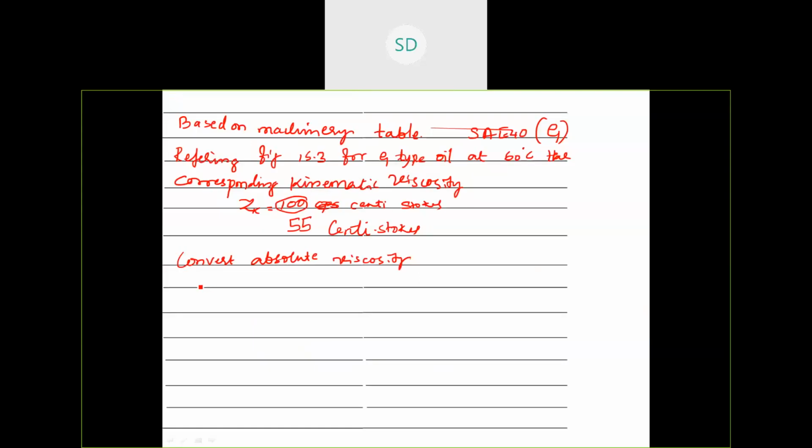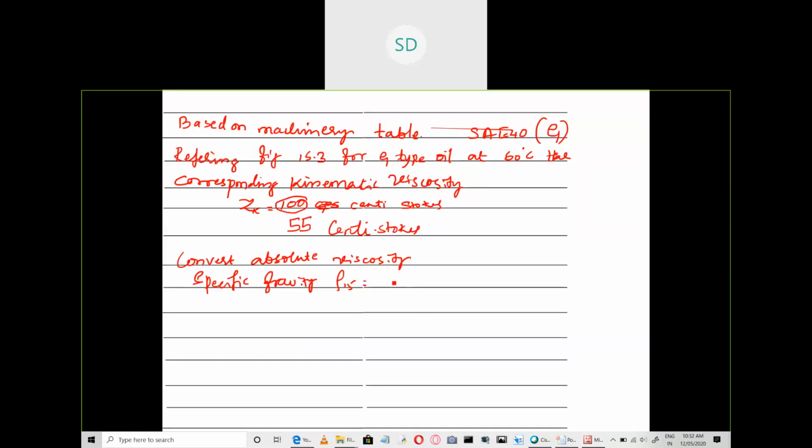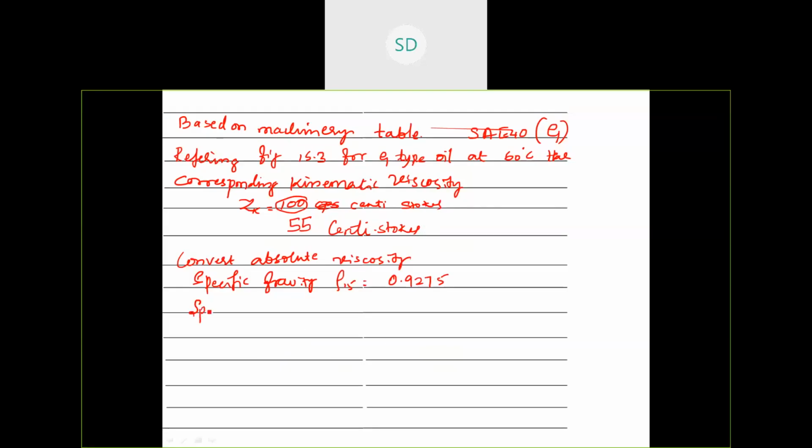Let us notify first: specific gravity at 15 degrees Celsius is 0.9275. Now let us calculate the specific gravity at operating temperature.